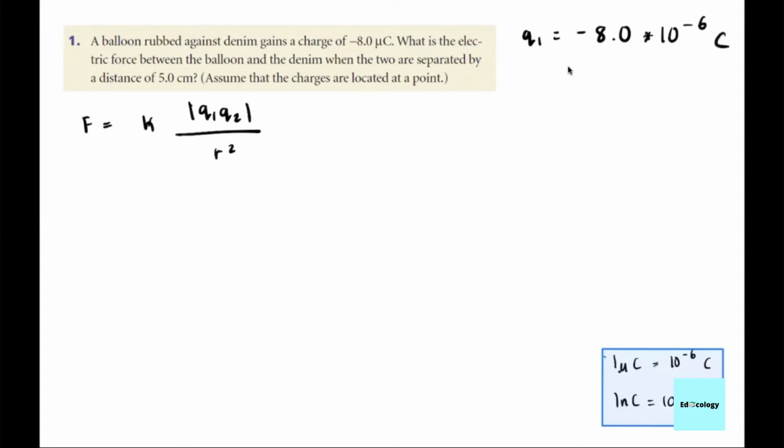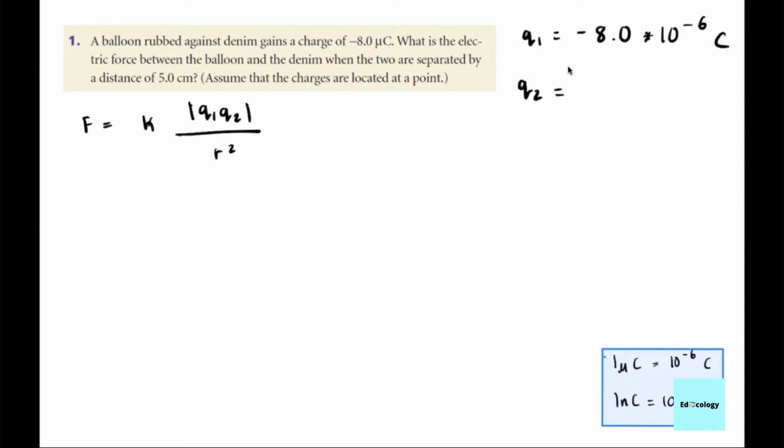Q2 now, they don't really say what the charge of Q2 is. However, you should know what it is depending on the charge of Q1. Like we said before, charges are conserved, so you cannot destroy them or create them.